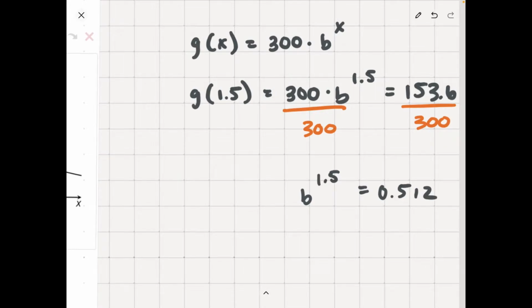Okay, so I just divided 153.6 by 300, and I got 0.512. Now, how would I solve this from here? Well, if I remember, something raised to the 1.5 power is really raised to the 3/2 power. Right? Let me write that a little nicer.